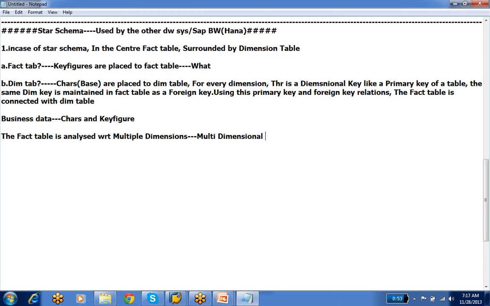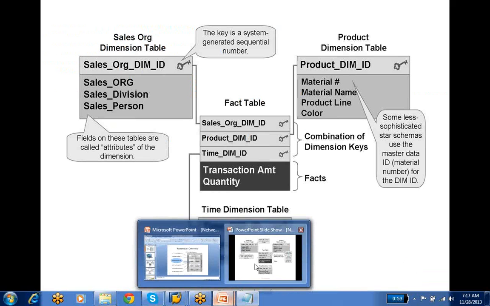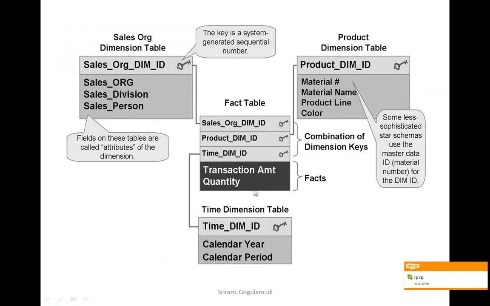Business always wants to go on with better data analysis. So with respect to better data analysis, we need to design this. The design is always a multi-dimensional structure. And I'll just quickly go through. Fact table placed with key figures.